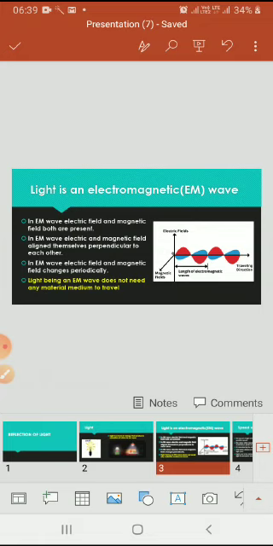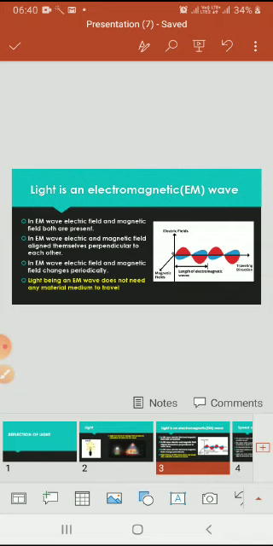Now come to another thing. Light is an electromagnetic wave. In short form it is known as EM wave. In these waves, electric field and magnetic field are present, and these are waves in which electric and magnetic fields vary periodically and are mutually perpendicular to each other and perpendicular to the direction of propagation.